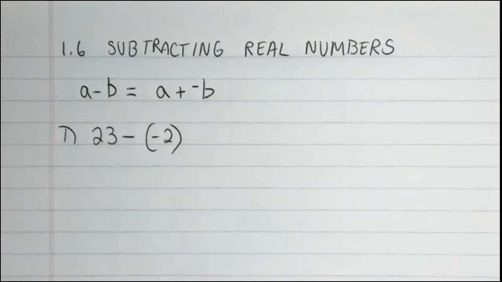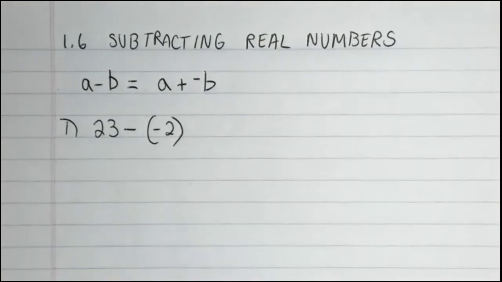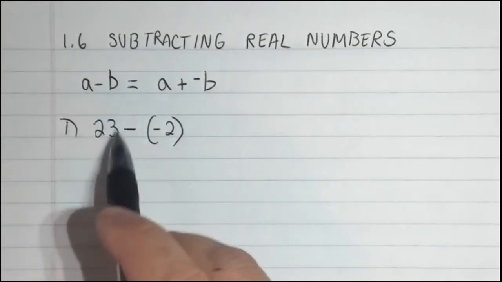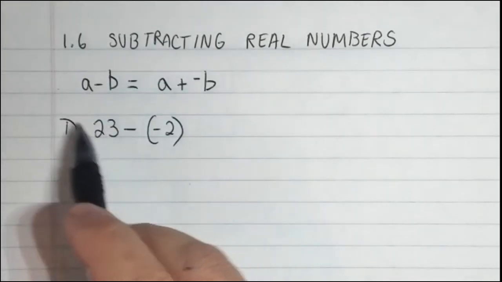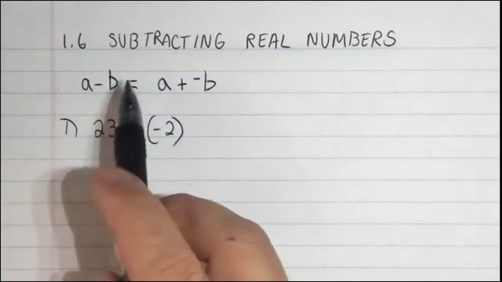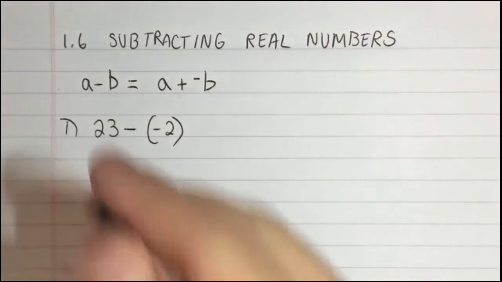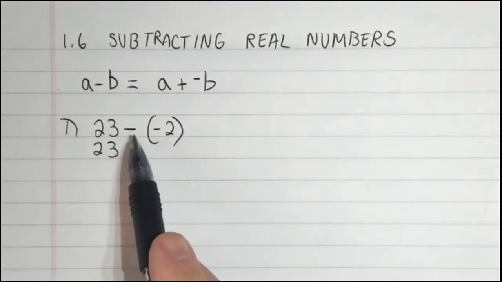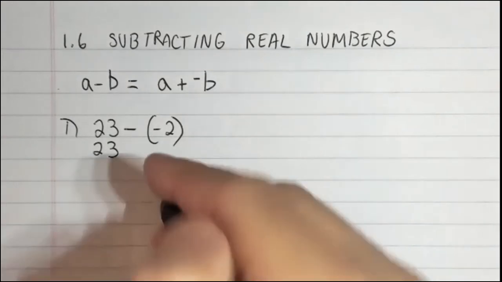So let's get into some examples. Okay, so we have 23 and we're going to subtract negative 2 from it. So again, you go back to the rule, we never change the first number. The number before the subtraction sign, nothing's going to happen to that value. So the 23 is going to stay the way it is, but we're going to change the subtraction to addition.